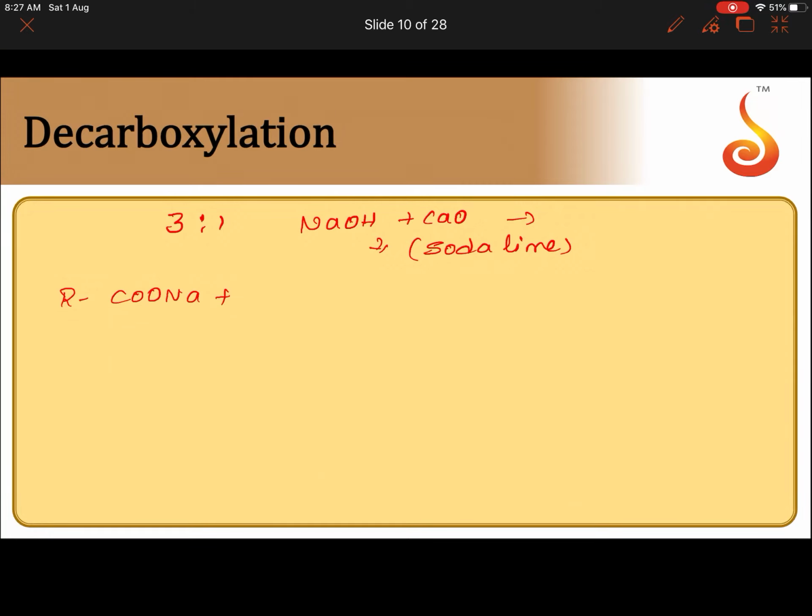So what happens when I treat sodium salt of carboxylic acid or potassium salt of carboxylic acid with soda lime at around 630 Kelvin, meaning heating at very high temperature?